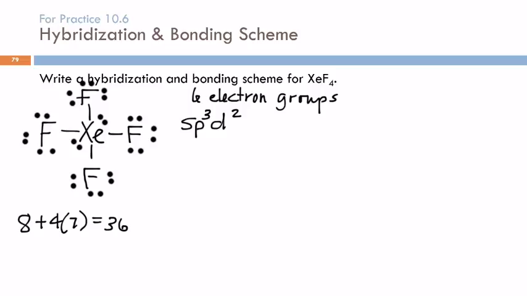Well, I think it's a good idea to draw it. So here's the xenon in the middle. And let's use purple because these are hybrid orbitals. So hybridized orbitals, there's 6 of them. That's going to make an octahedron, right?